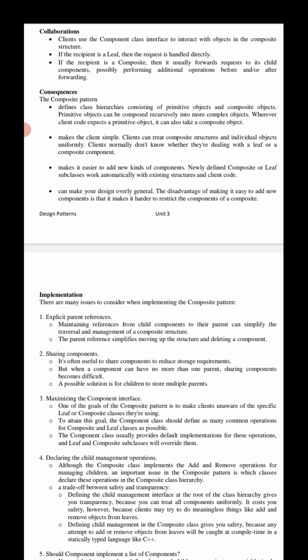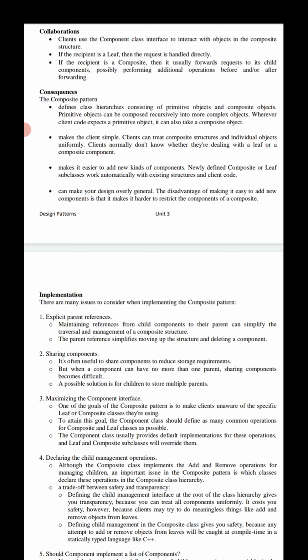Clients normally don't know whether they are dealing with a leaf or a composite component. Simply, the client code avoids writing tag and case-statement style functions over these classes that define the composition.